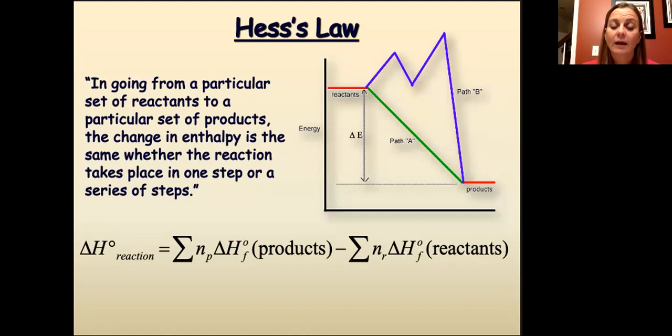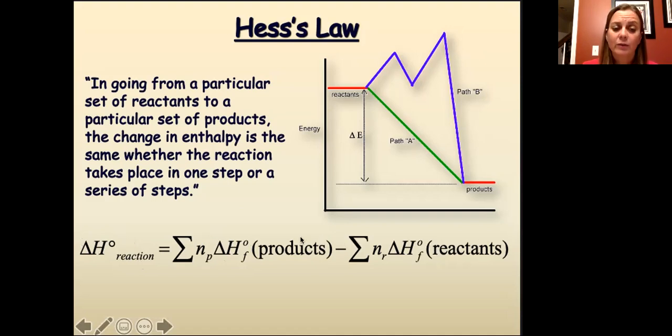So the energy difference between reactants and products is independent of the path taken to get from one to the other. That means that mathematically, we can find the enthalpy change of a reaction, the delta H of a reaction, by adding up all of the enthalpies of formation of the products and then subtracting all of the enthalpies of formation of the reactants.